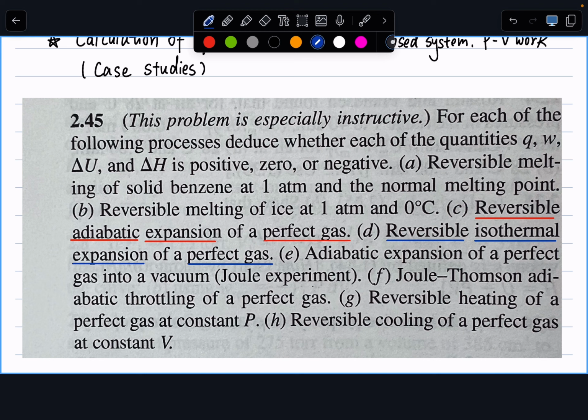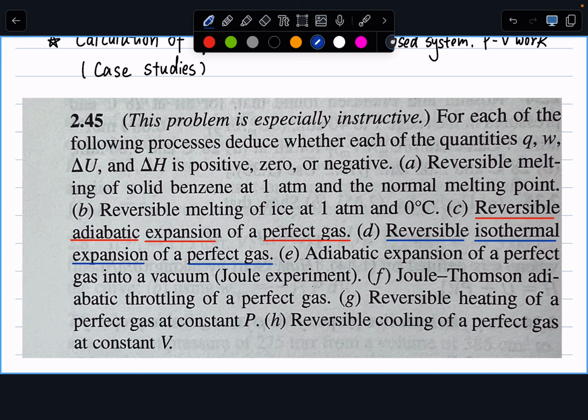Now for this question, we now know work is negative, delta U equals delta H equals 0, so my Q must be a positive number. Right, so in the question, it can be a very quick short answer problem.